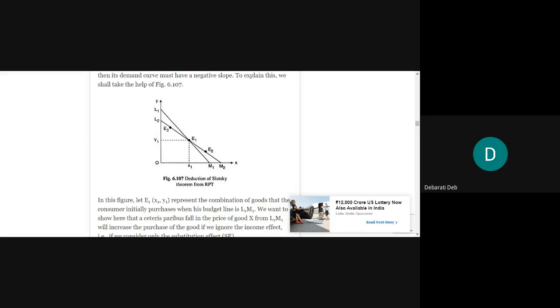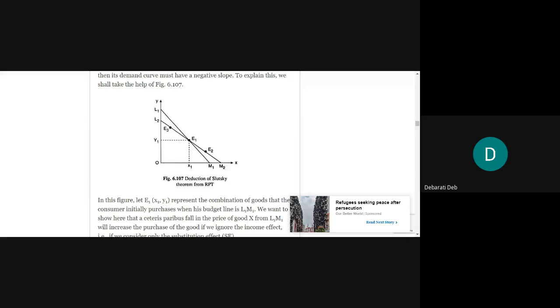Okay, in order to explain this concept, we will take the help of the following figure: deduction of Slutsky theorem from the RPT. So now we will derive the Slutsky theorem from the concept of revealed preference theory.